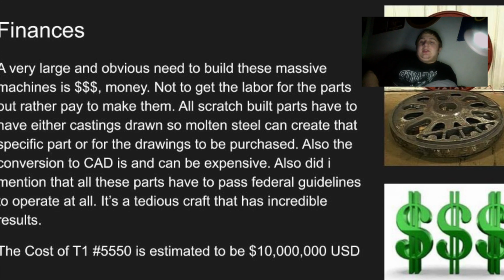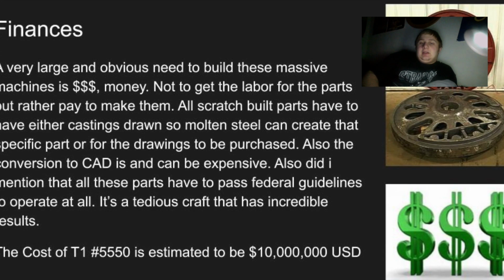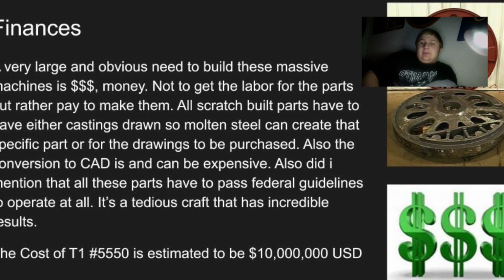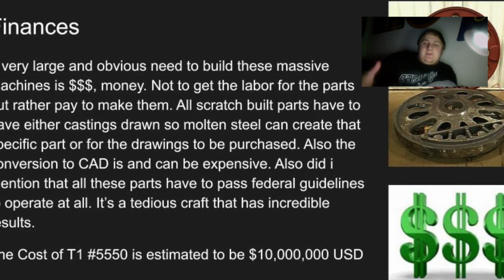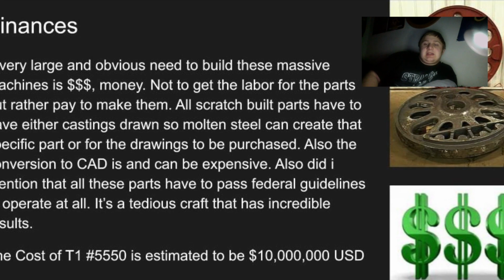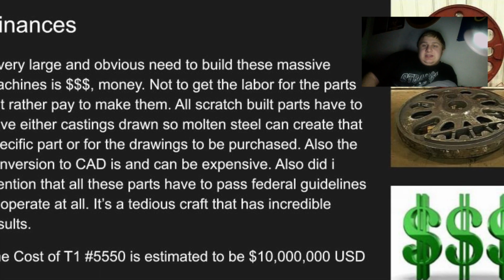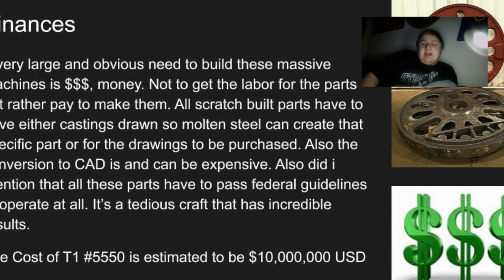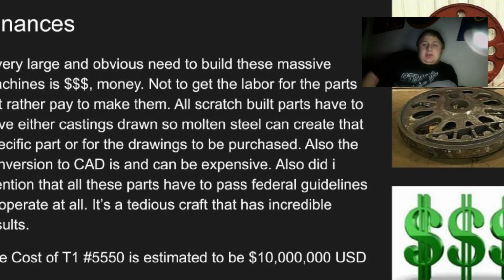The driving wheels are what you need to cast, and that's quite a bit of money. The cost of 5550, for example, is $10 million. To build a steam locomotive, that's what it cost back then. But these devices don't exist, so we have to make our own.